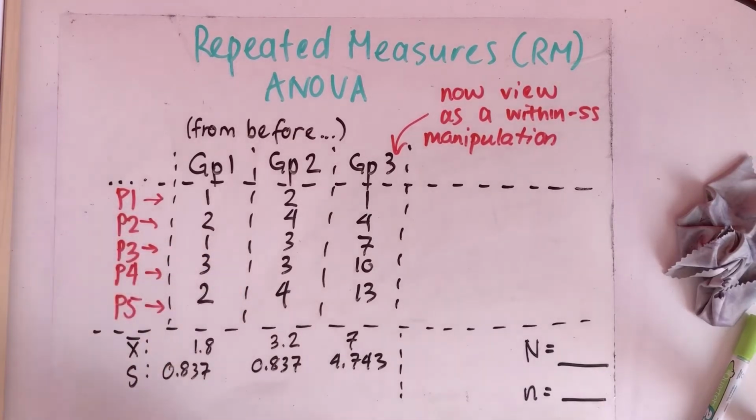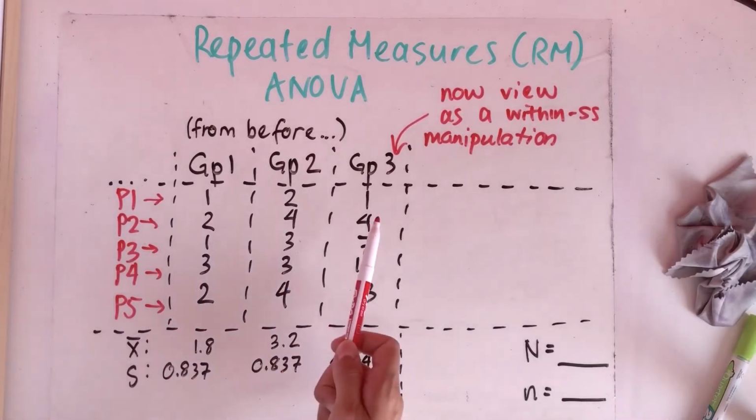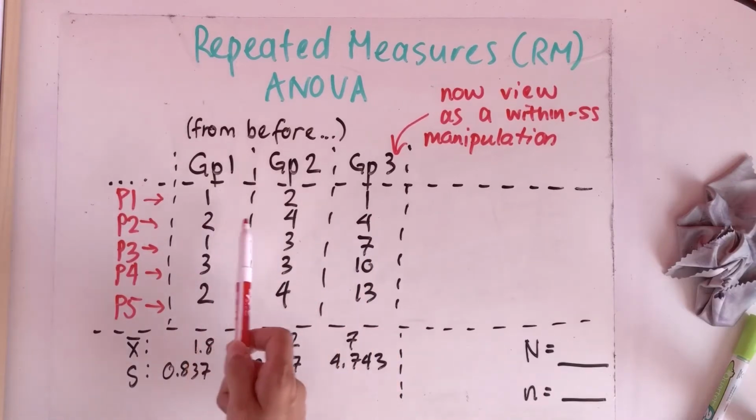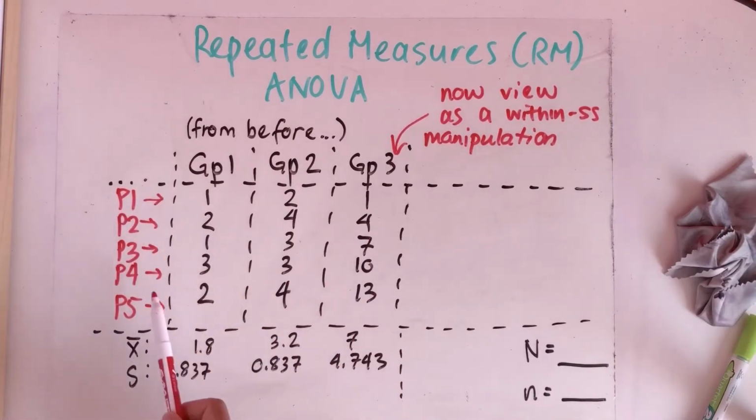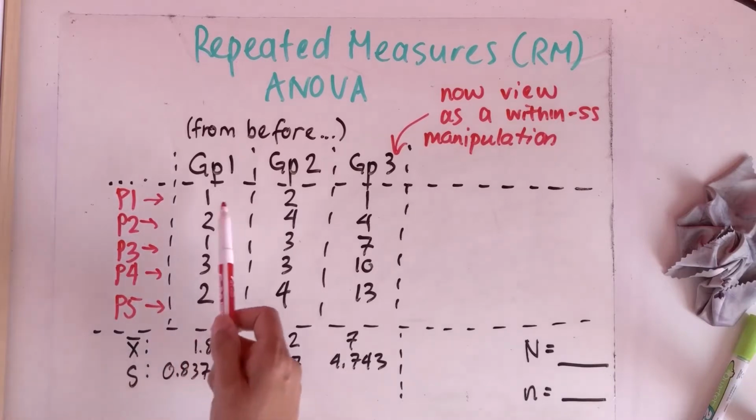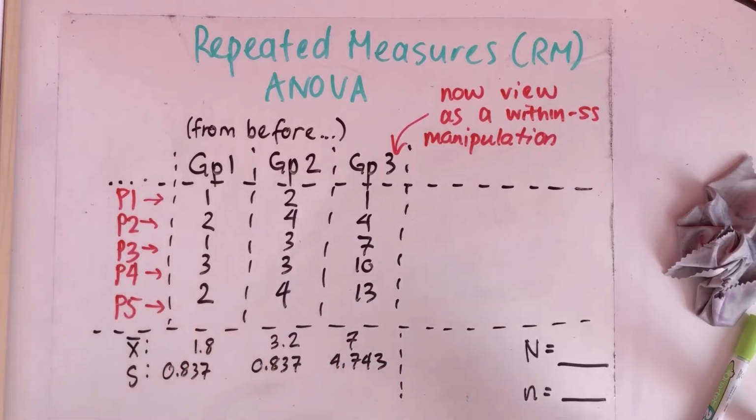We imagined bringing 5 participants into our study, and each of them were in group 1, group 2, and group 3, and they provided scores for each. So we had 5 participants providing 3 scores each for 15 observations.